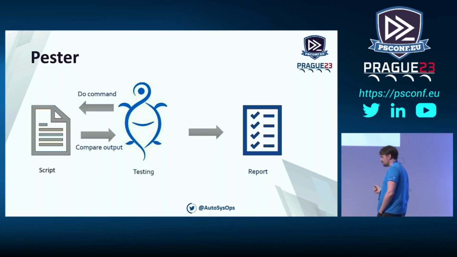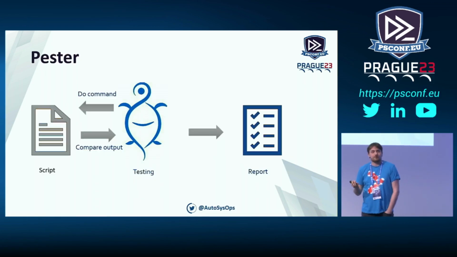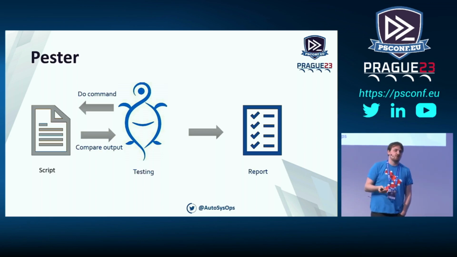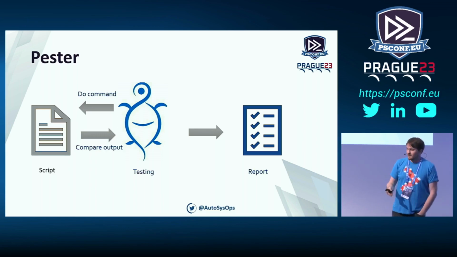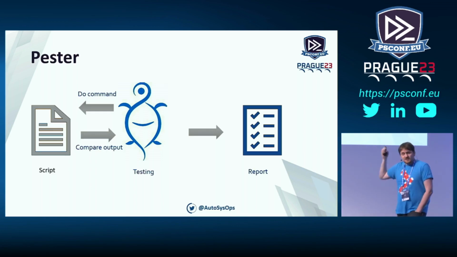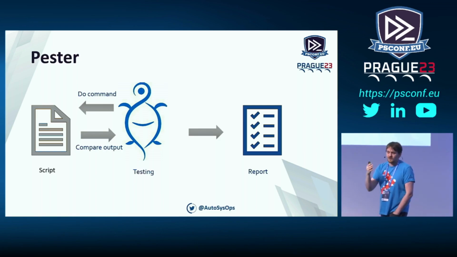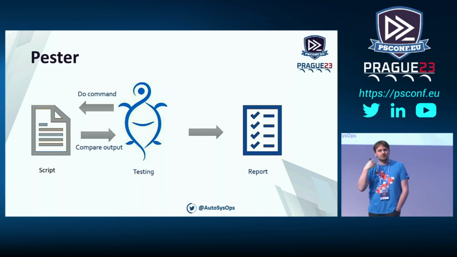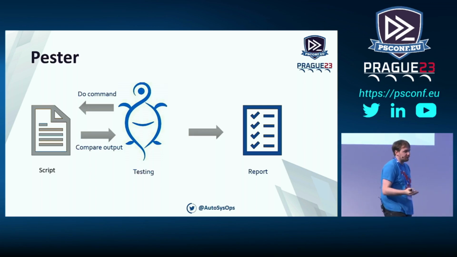And with Pester, I can test my code. There's many different tests I can do. I can do unit testing, I can do integration testing, whatever. What a testing framework like Pester does is it makes me trigger some kind of command in my code or trigger some script. It gets the output and it will compare the output.